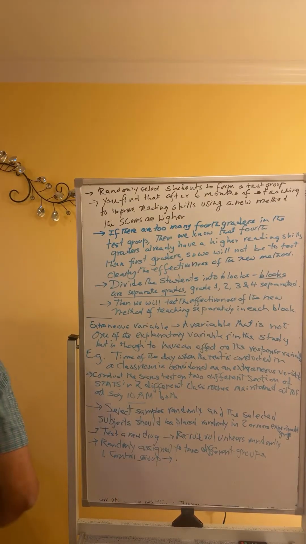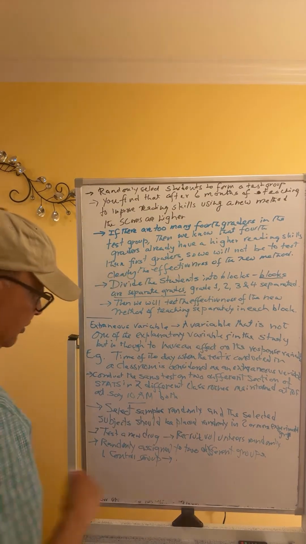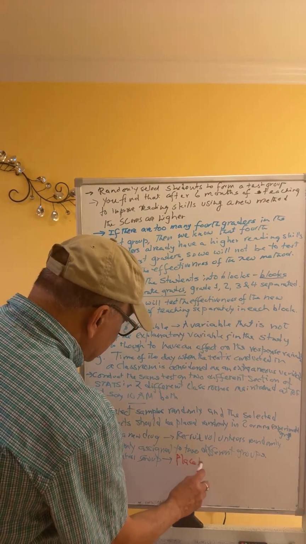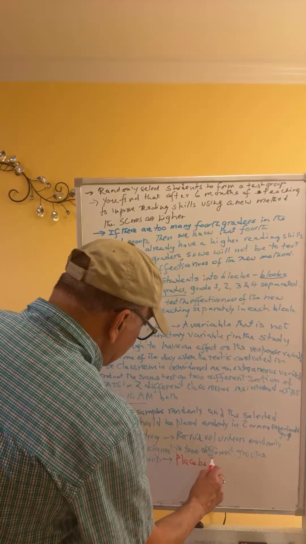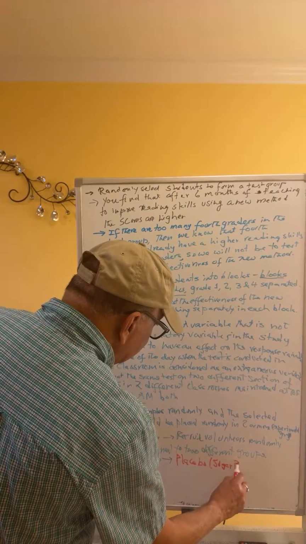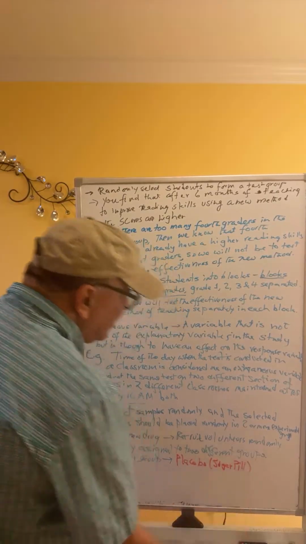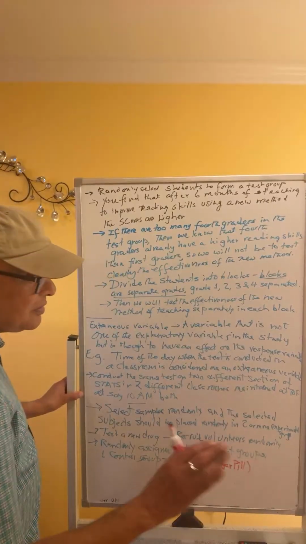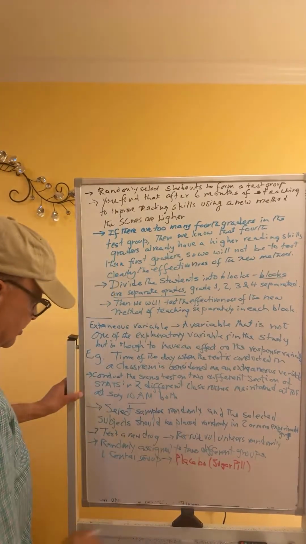Placebo. You may have heard the term before. Placebo is a sugar pill. It looks exactly like the actual medicine, same color, same texture, same taste, but does not contain the medicine. It contains sugar only.